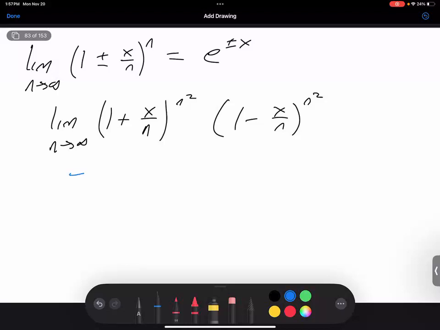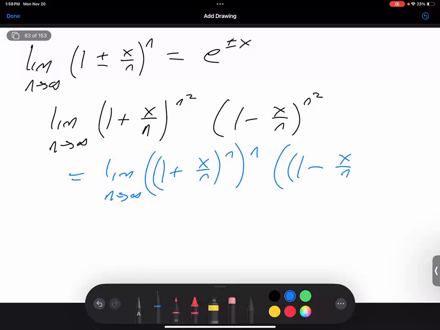Well, this would just be the limit as n goes to infinity of 1 plus x over n to the n, times 1 minus x over n to the n. Where does this piece go to? This goes to e to the x, to the n. This goes to e to the negative x, to the n.